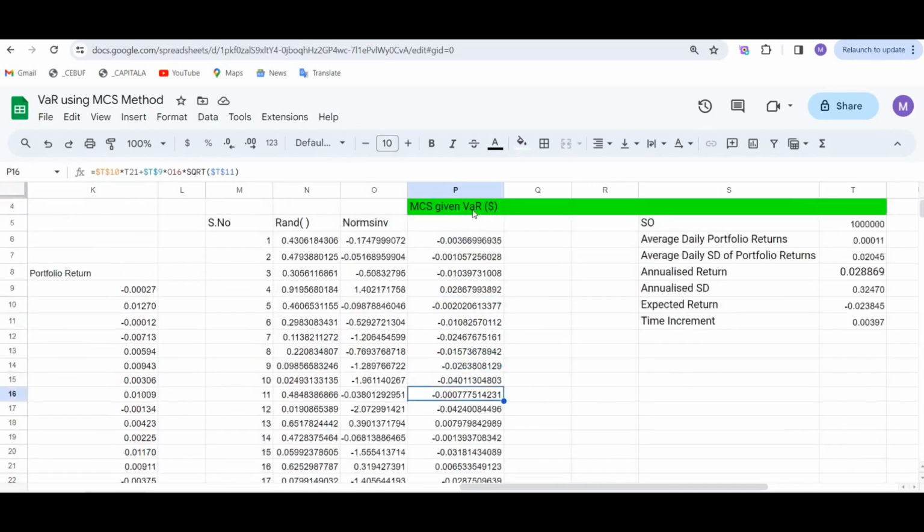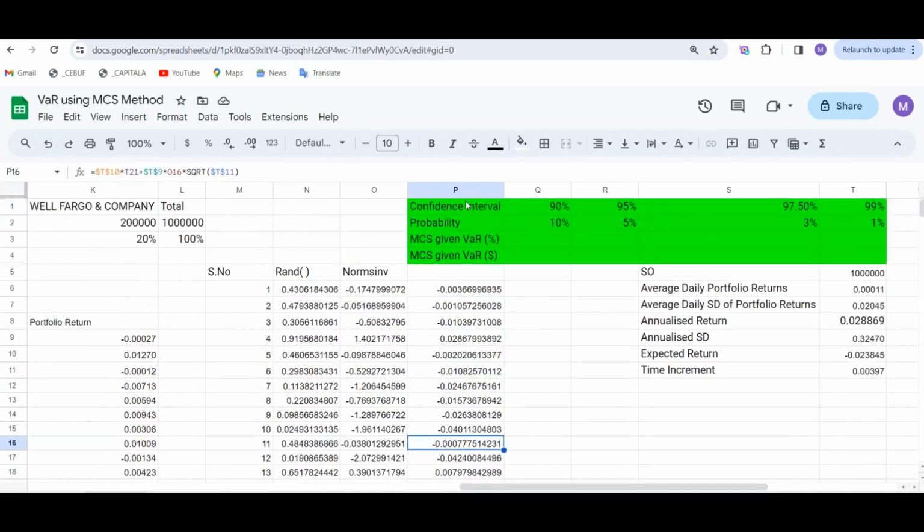This column. Then we make this table with confidence intervals as 90, 95, 97.5 and 99% with the probability. Yeah.